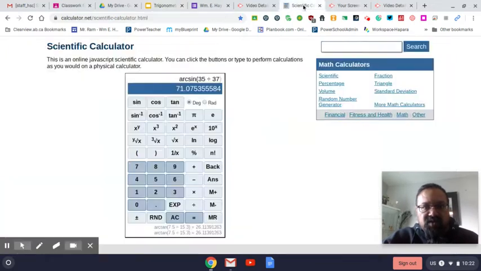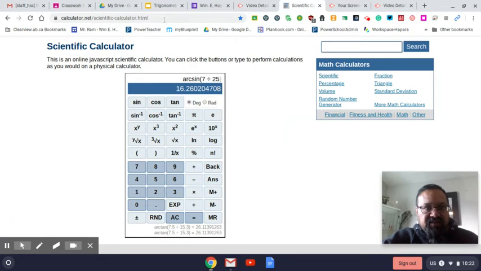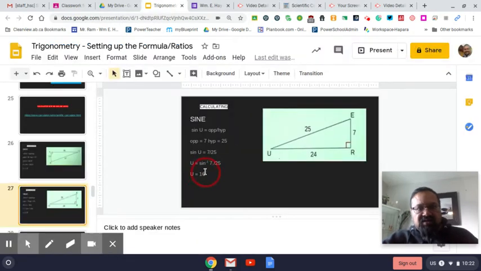When we use our calculator, we clear it off. We press this button here, sine negative 1, 7 divided by 25. Did I do that wrong? I'm punching the right number. Yeah, 7 divided by 25. As you see back from my screen, it's 16 degrees here, and it's 16 degrees as our answer.